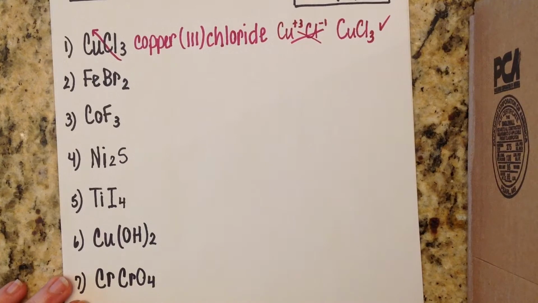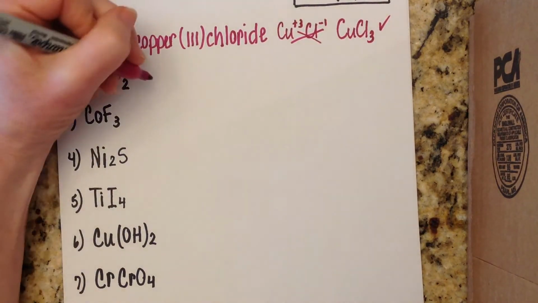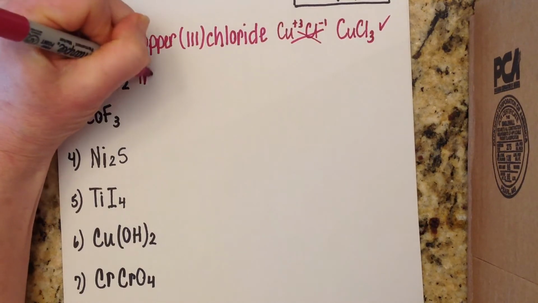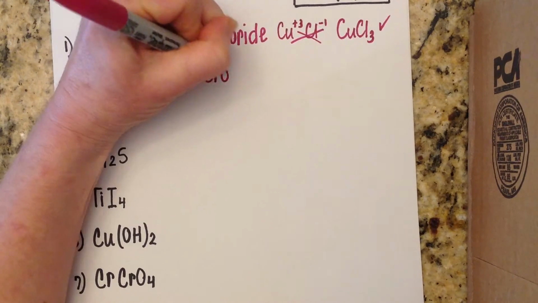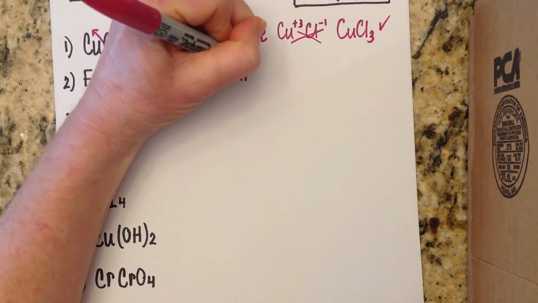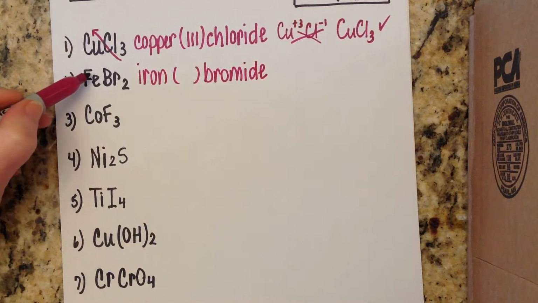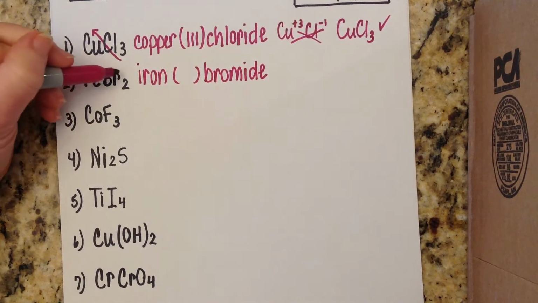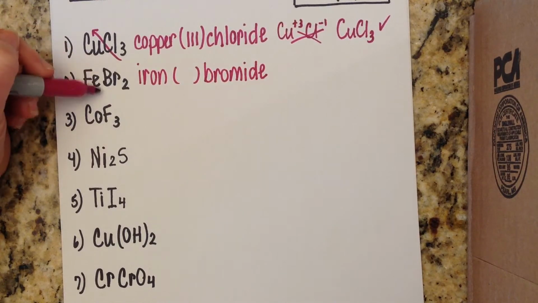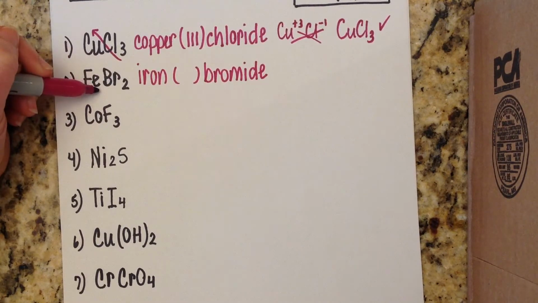So let's look at the next one. I know this is iron something bromide, so I could go ahead and write that down. Iron something bromide. Okay, so what was that iron before that crisscross took place? That's what I want to know. Now, I know bromine's a -1, and the 1 came down here, so it matches from here to here, -1 and a 1 came down.